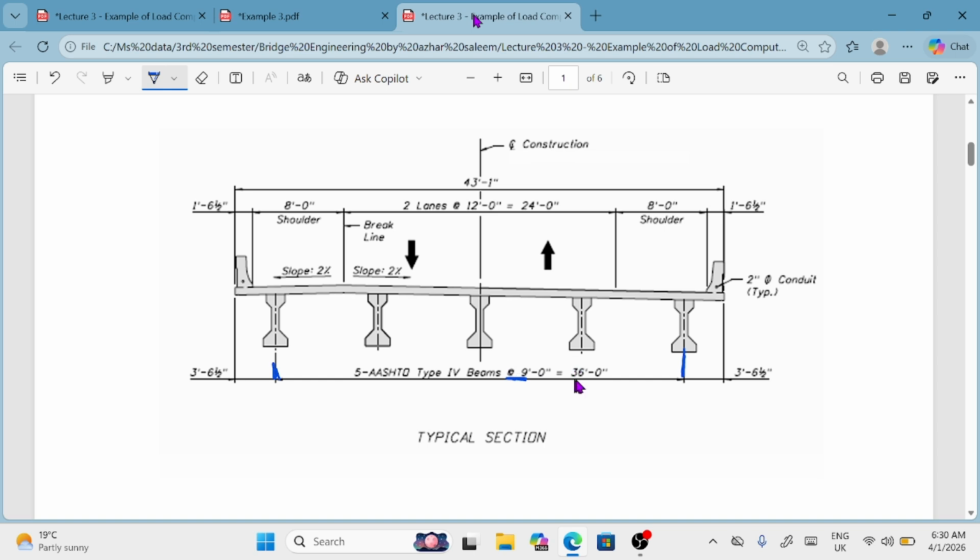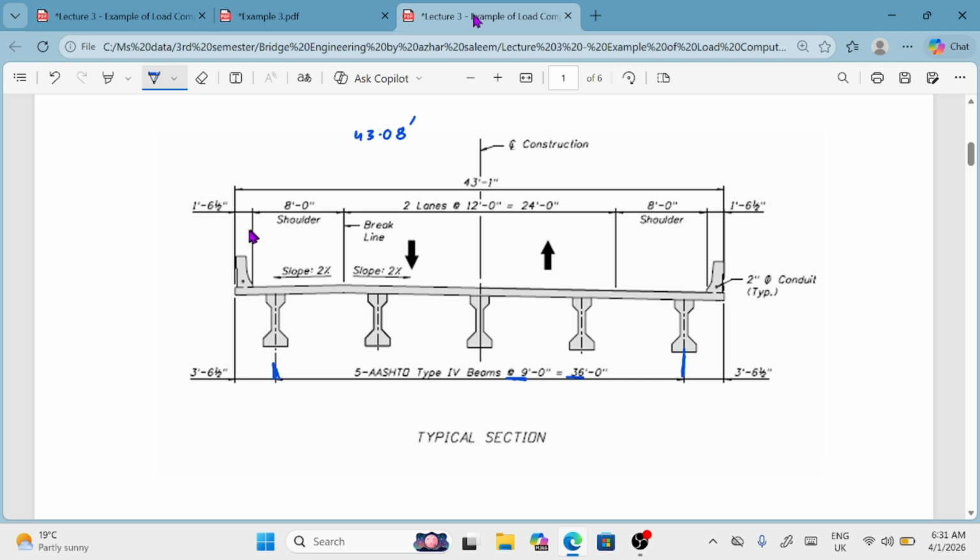From here to here is 36 feet, and the overall width is 43 feet 1 inch, or 43.08 feet. And this is a slope of 2% by the beam haunch.